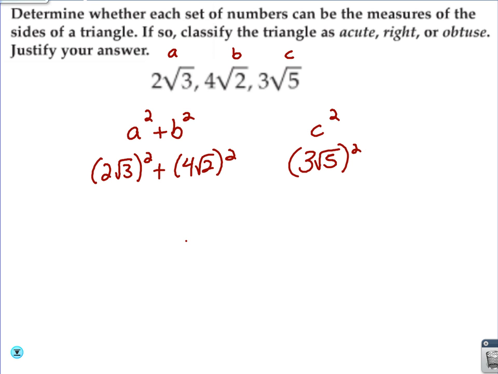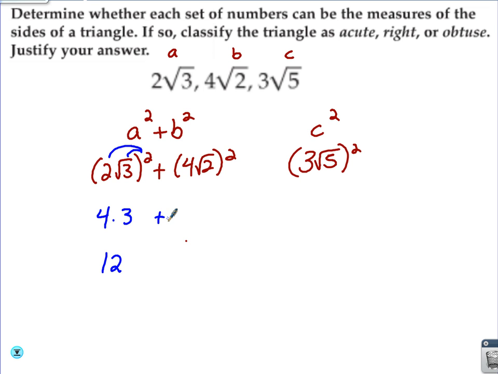Now let's try this. A squared plus B squared. Square each. 2 squared is 4. The square root of 3 squared, once again, is what? Square root of 9, right? Which is 3. Or a square and a square root, just get rid of the square root. 4 times 3 is 12.